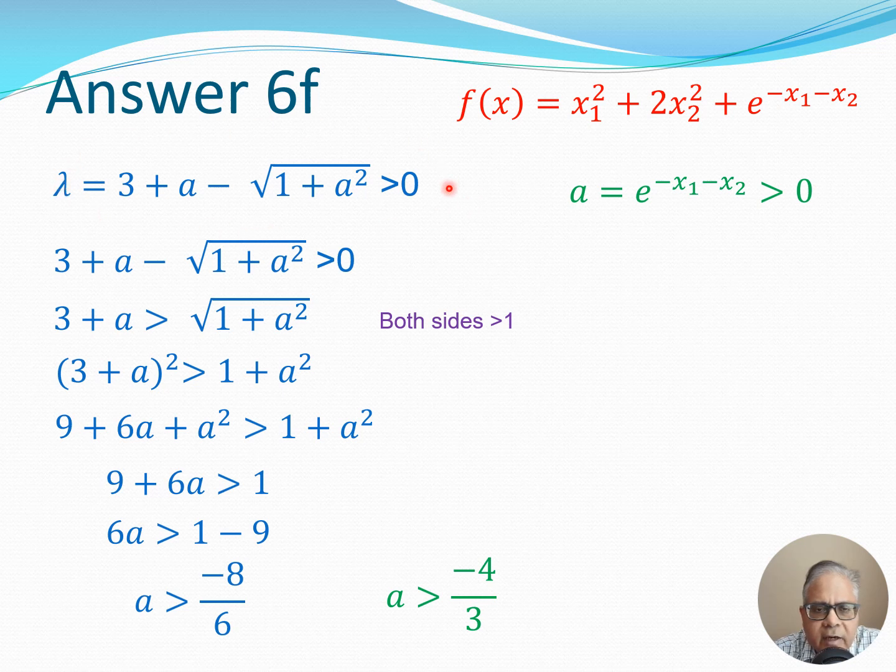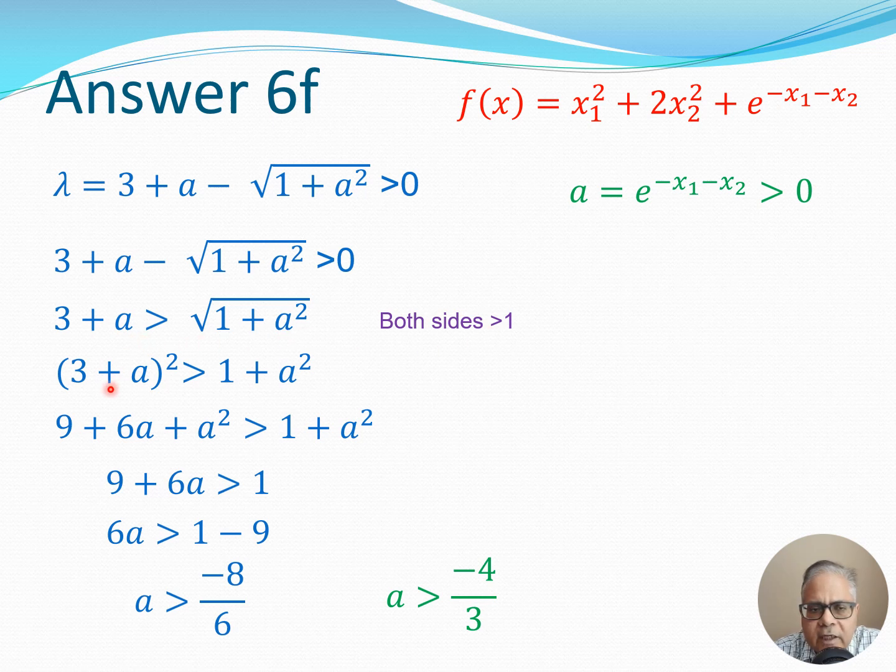So I take this lambda here, and what we want to show is that this is greater than 0. So I can write this out: 3 plus a minus root 1 plus a square is greater than 0. Then I can take this root term to the right hand side. Now I see here that both these sides are going to be greater than 1 because remember a is greater than 0.